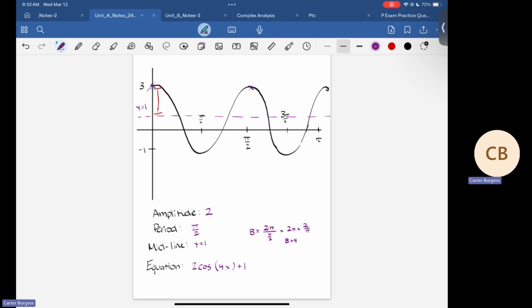So let's do it this way. On our unit circle, how many times do we hit the maximum value of x? So if I'm looking at one rotation around this unit circle.